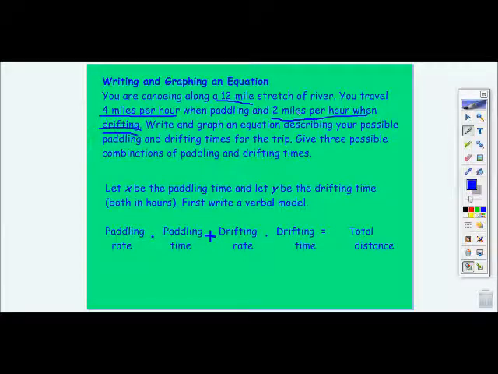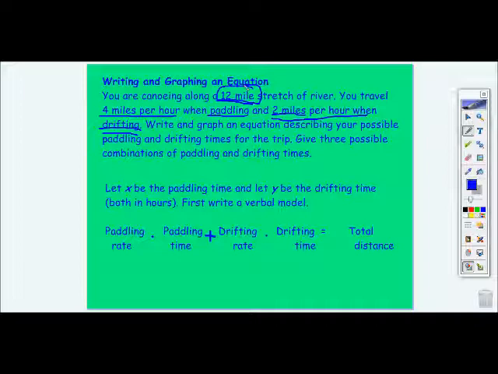Let's give drifting a double line, and the single line we'll keep for paddling, and our total distance is 12 miles. So we want to write and graph an equation describing your possible paddling and drifting times.